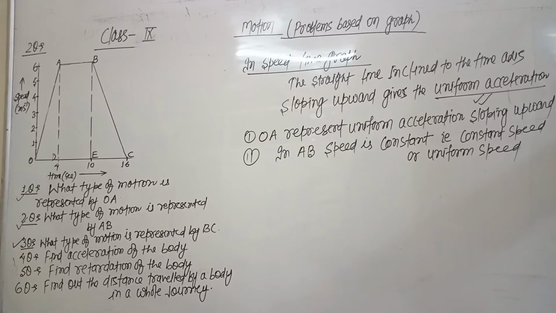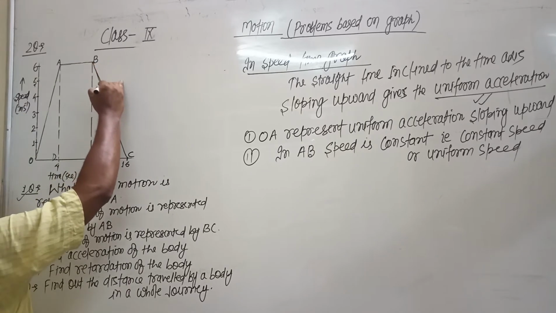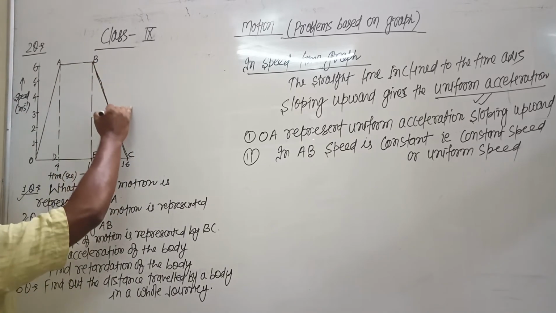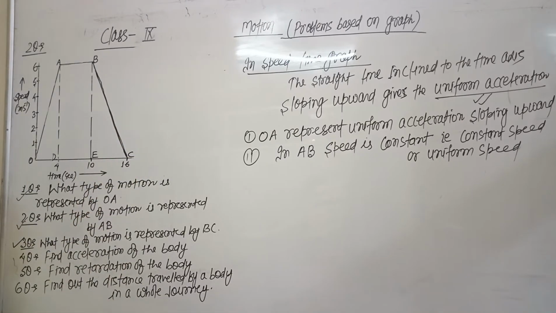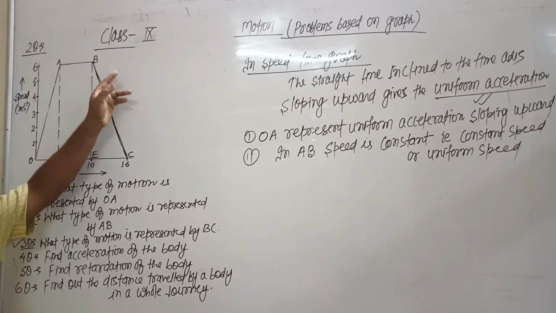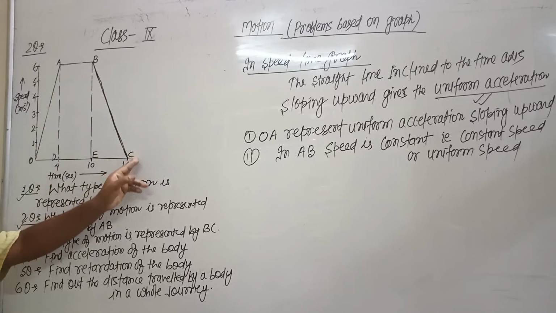Third question, what type of motion is represented by BC? BC is a straight line sloping downward, because from B to C speed goes on decreasing.